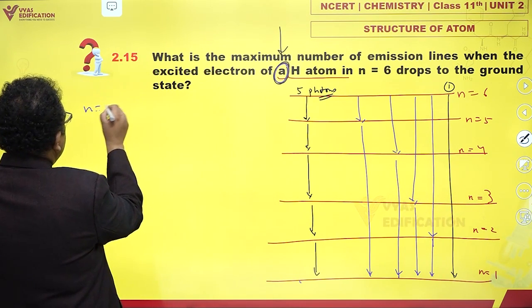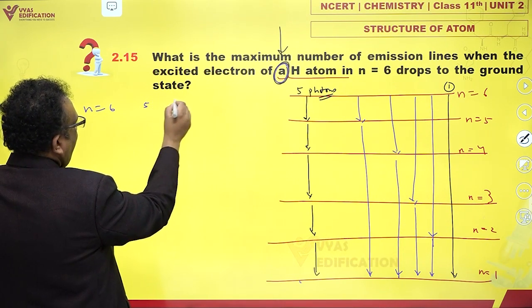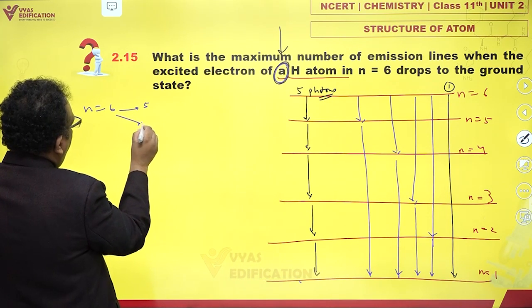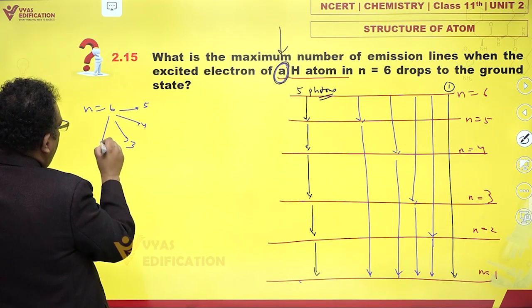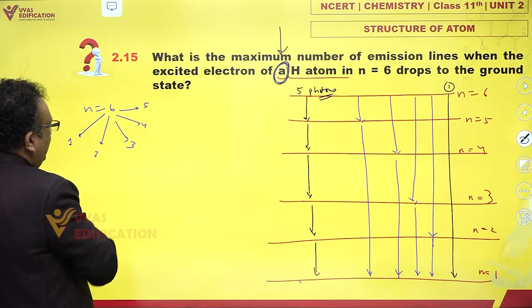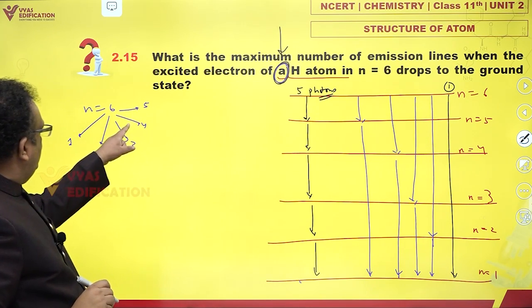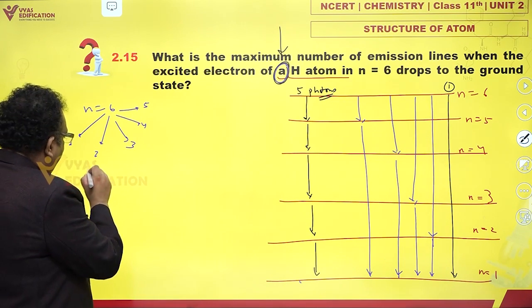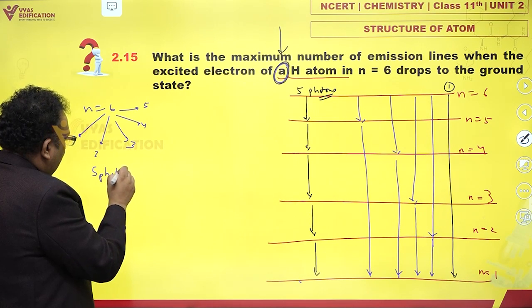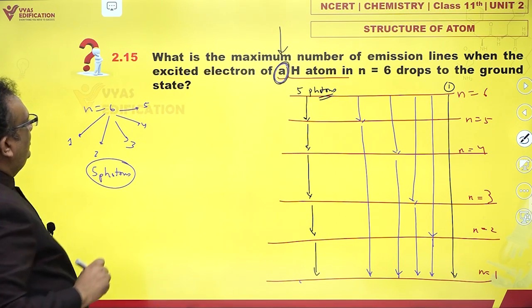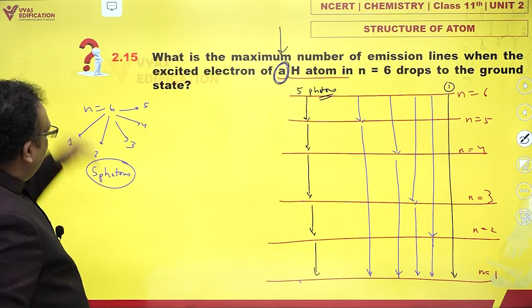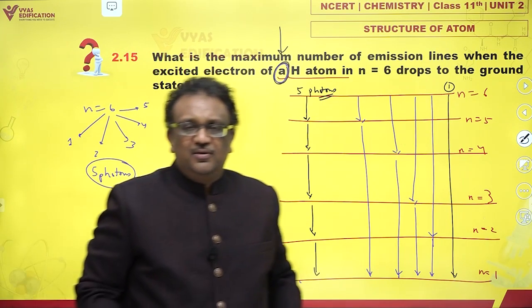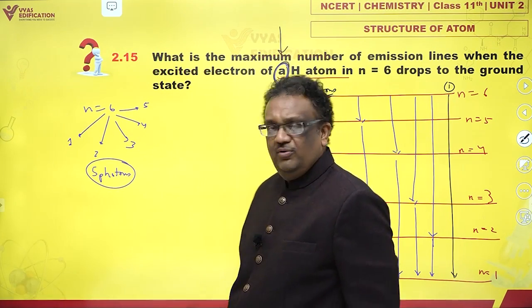from n equal to 6, you could go to 5, 4, 3, 2, 1 directly. So there are 1, 2, 3, 4, 5 photons possible. That is 1. If you're jumping directly from 6 to any orbit, you can get 5 different photons.